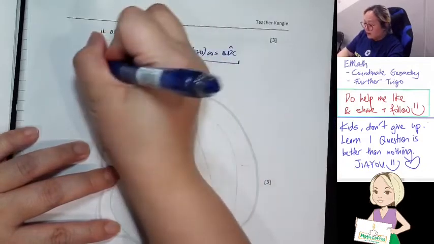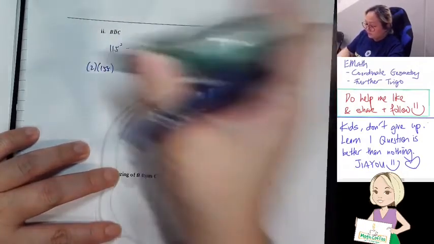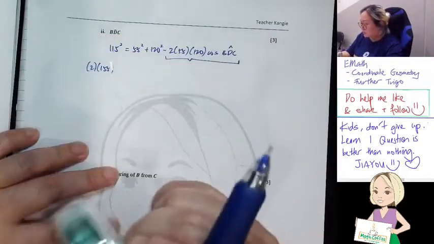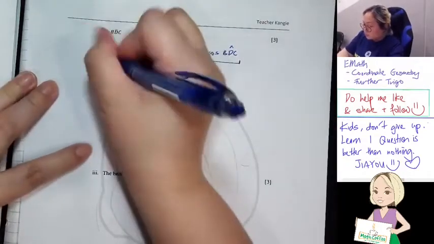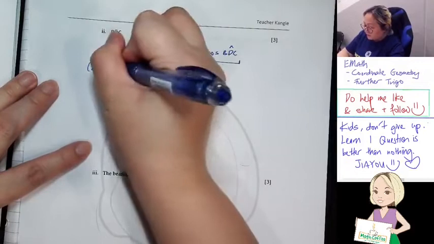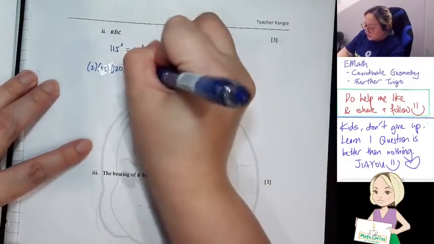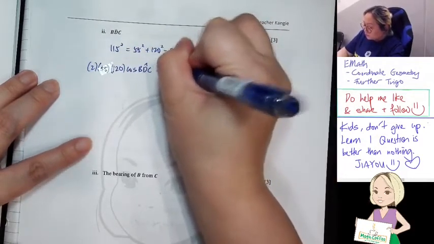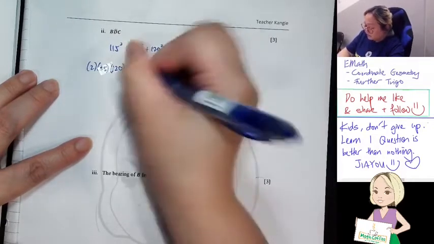So now I will have 2 times 55, not 155, 55 times 120 cosine BDC is equals to 55 square plus 120 square minus 115 square.